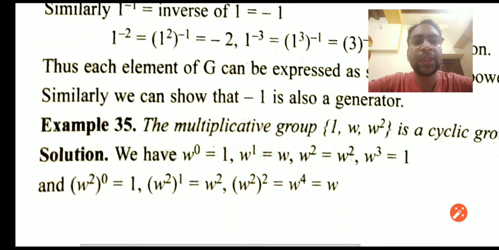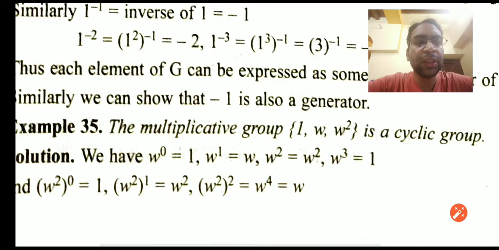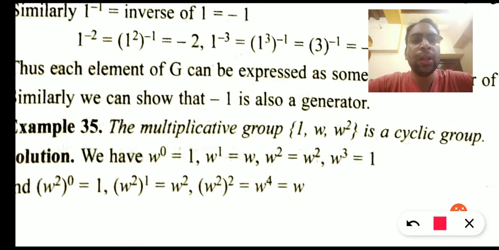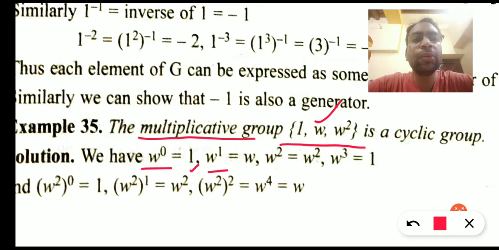Let's consider another example. The multiplicative group with the elements 1, omega and omega square is also a cyclic group. The elements of the set are 1, omega and omega square, and the operation is multiplication, so this is a multiplicative group. Let's consider w to the power 0, which is obviously 1. w to the power 1 is w, w square is w square, and w cube is again 1.